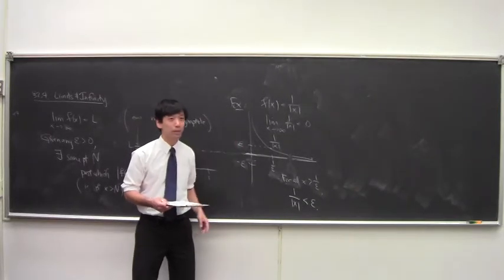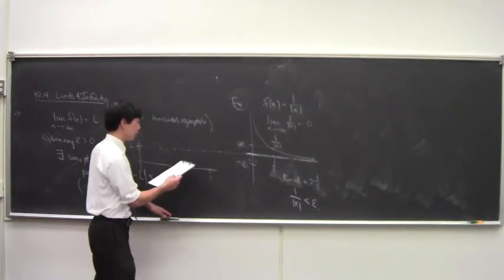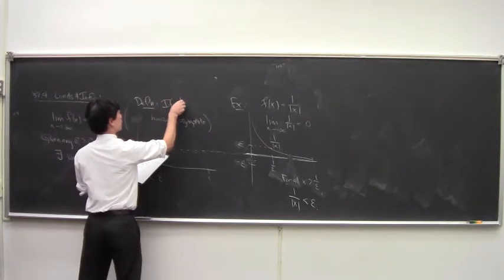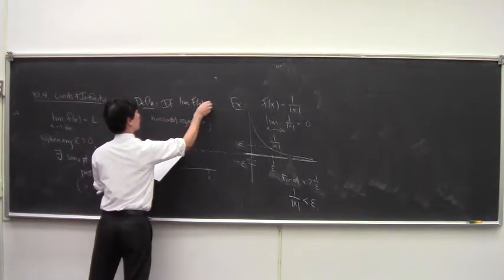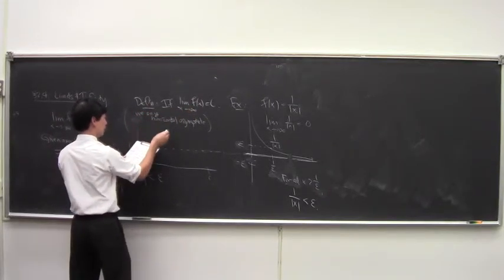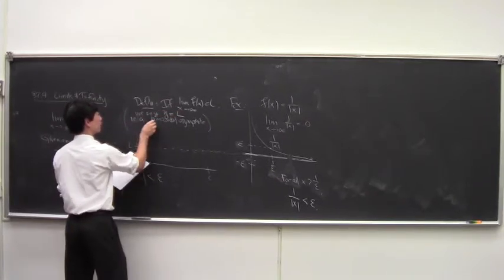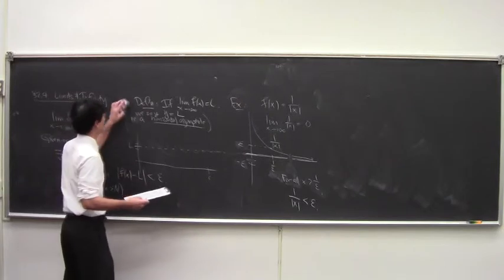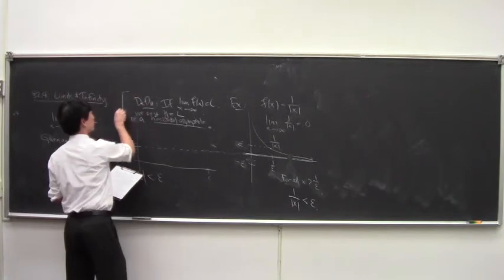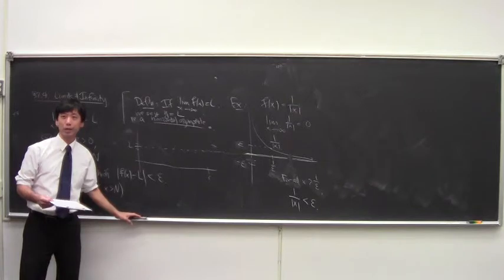So this is the idea. And like we said before, if the limit is L as x goes to infinity, we say y equals L is a horizontal asymptote. When this happens, we say the function has a horizontal asymptote.